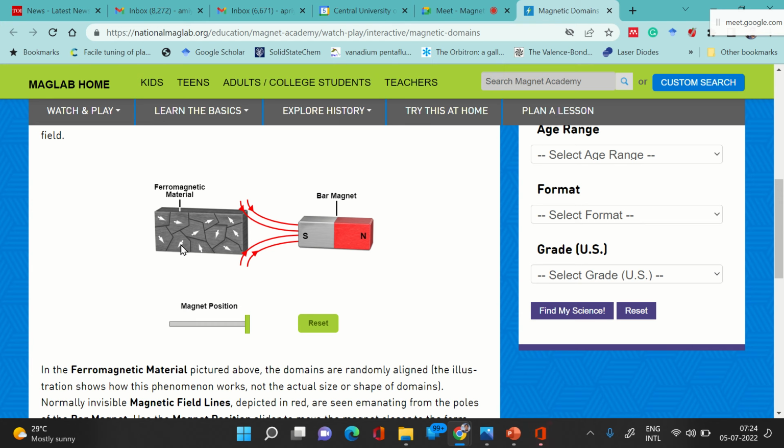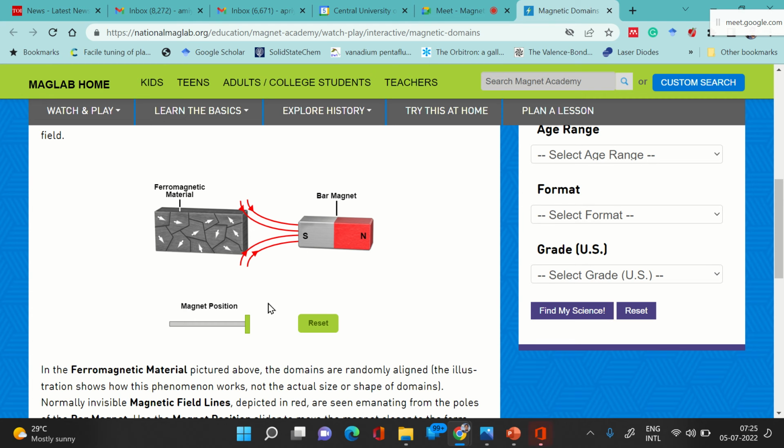The white arrow in each of these areas is the vector sum of the spins of several electrons in that area, which are pointing in the same direction.